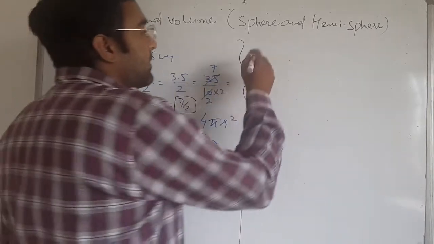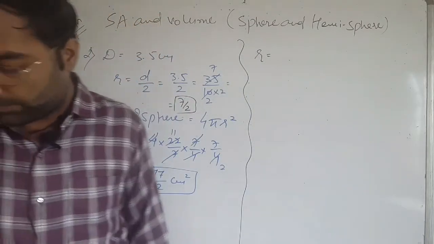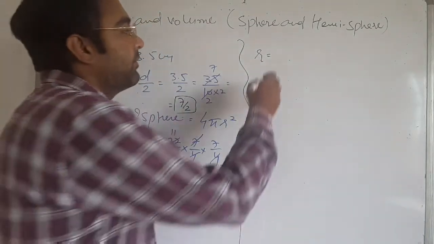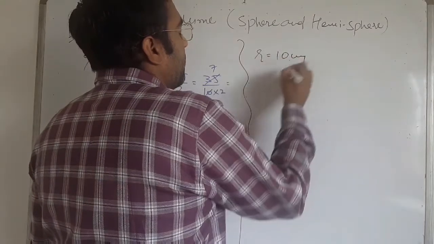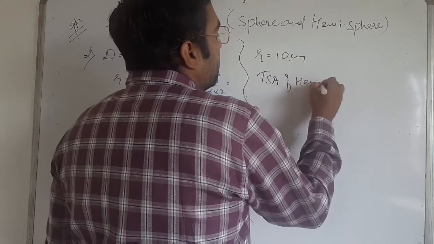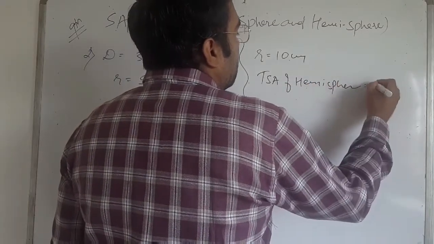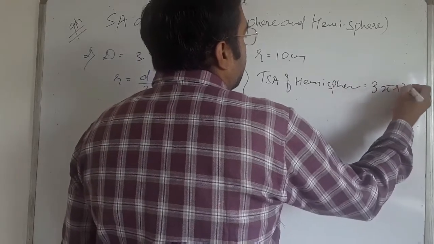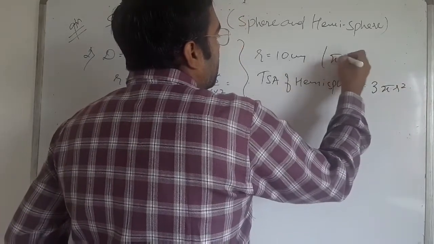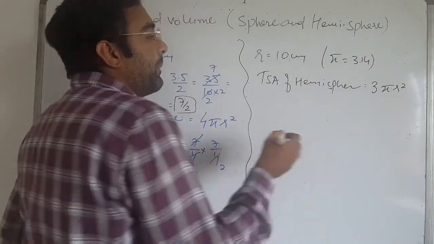Here my hemisphere is given and radius is equal to 10 centimeter. We have to find the total surface area of the hemisphere. So the total surface area of a hemisphere is 3 pi r square. Now we have to use pi as 3.14 as they say.